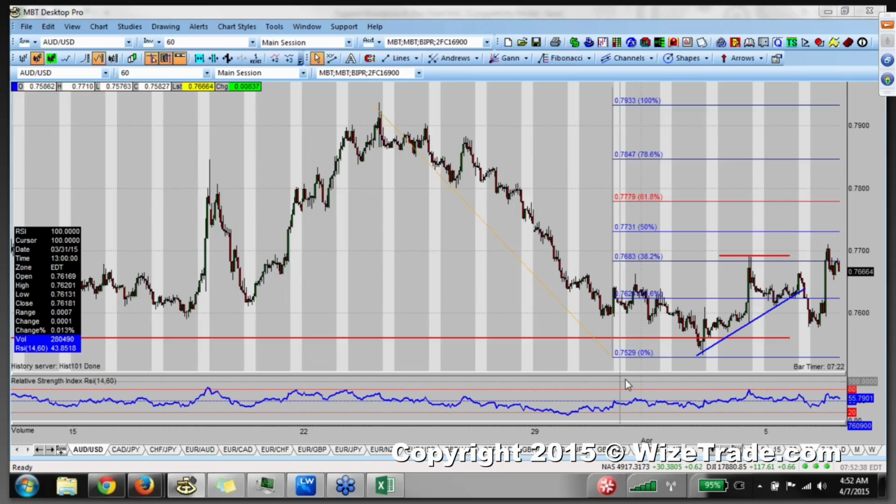Okay, and let's go over to the Aussie. So the Aussie obviously bounced because of the RBA not cutting. People thought the chances of an RBA cut were higher, that they would cut. I didn't buy that.